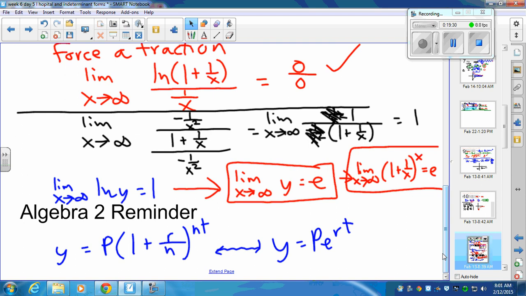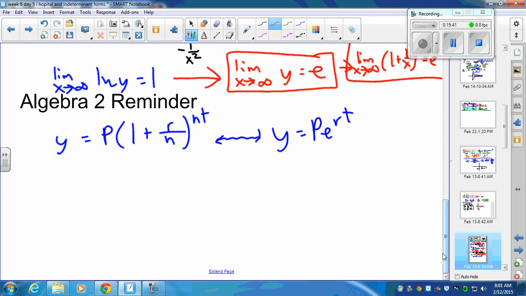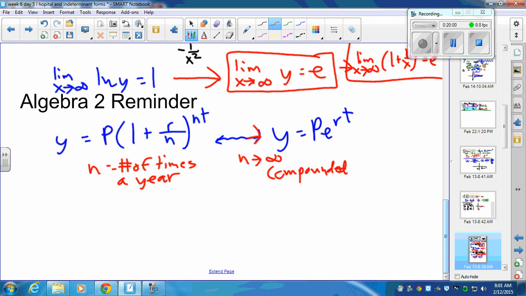That guy on the left was when we talked about daily, monthly, yearly, and that's what the n stood for. That n was saying how many times a year. And then all of a sudden it went to here. That's when n went to infinity. This is when it was compounded continuously.